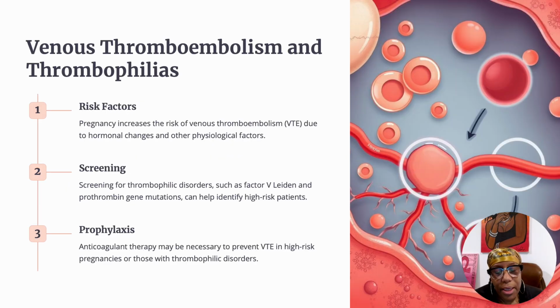Okay, so deep vein thrombosis, also known as venous thromboembolism or pulmonary embolism or thrombophilias. As we know, the risk factors are pregnancy because of the hormonal changes, and screening for it is really through history. If someone tells you that they have had a pregnancy with DVT or a PE, of course, that's probably going to be somebody that you're going to refer.